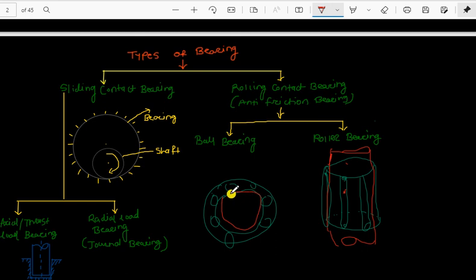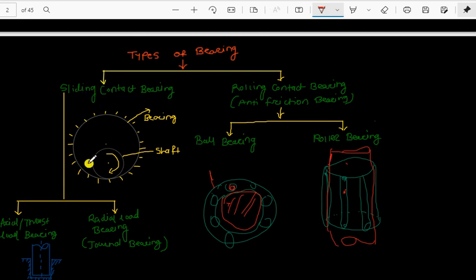Now these balls, actually spheres, will rotate, so that there will be very little friction between this bearing and the shaft. So in this way it will help the rotating motion.